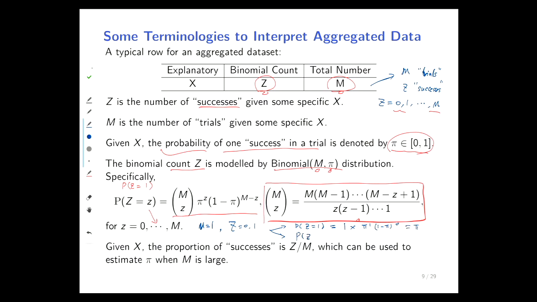We can also compute the probability that z equals 0. That is still 1 times pi to the power 0, times 1 minus pi to the power 1, which is equal to 1 minus pi. So what's the meaning here? It means if m equals 1, we are going to have the Bernoulli distribution.